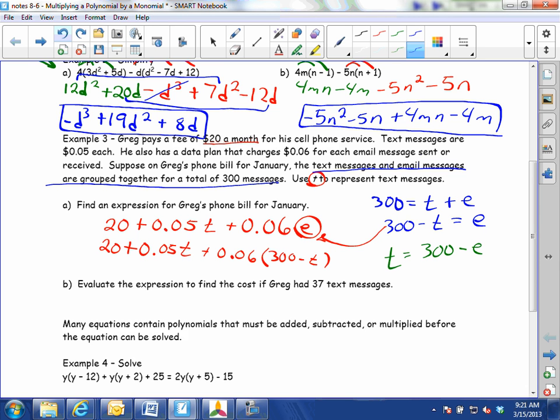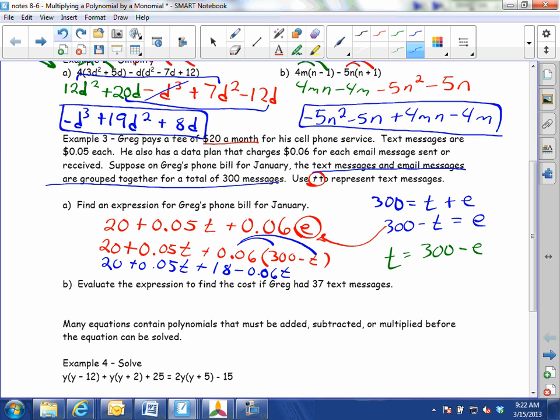Okay, let's distribute first. Running out of room here. So 0.06 times 300 is 18, and then minus 0.06T. Can we do anything else?